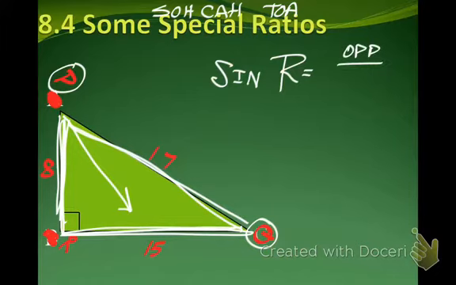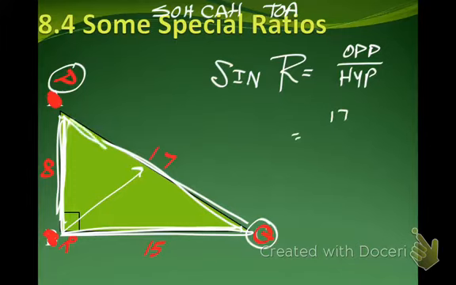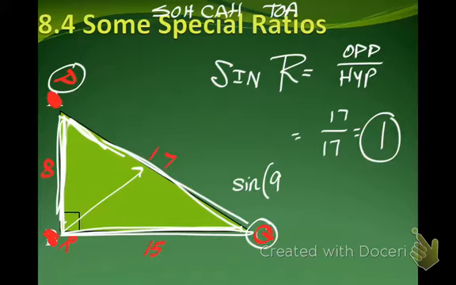Because SOHCAHTOA tells us sine is opposite over hypotenuse. The opposite of R, across from it, is 17. But the hypotenuse is always the hypotenuse, and it's also 17, which simplifies to 1. We know that angle R is 90 degrees. If you go on your calculator and type in the sine of 90 degrees, you'll get 1. The sine of a 90-degree angle is 1. And that's why, because we have the opposite and the hypotenuse that are exactly the same.